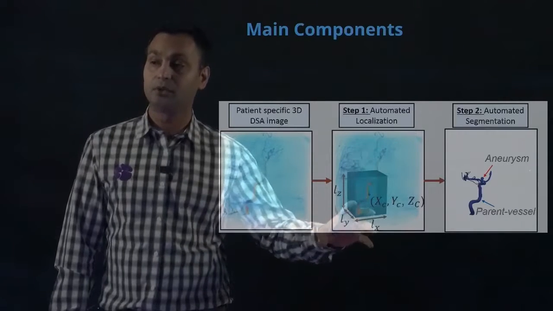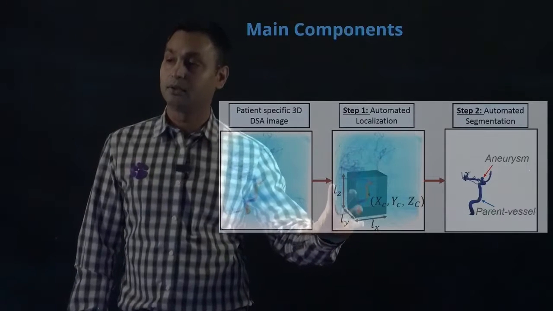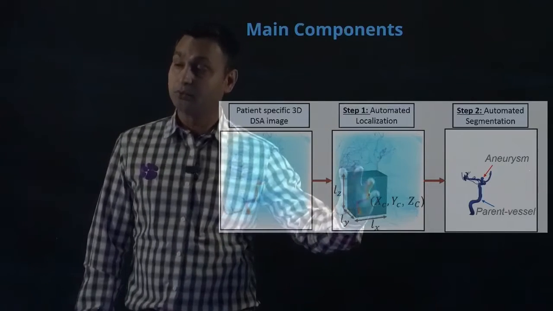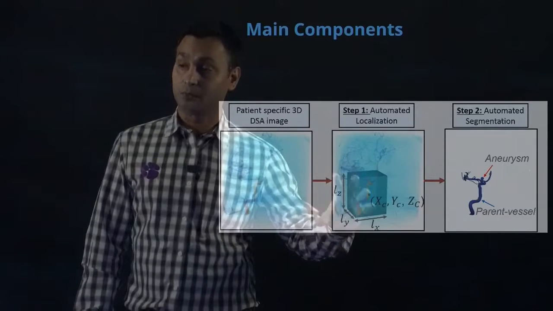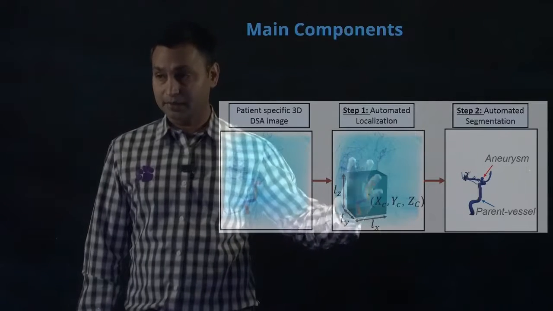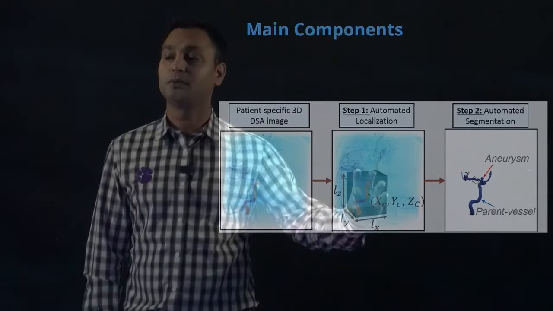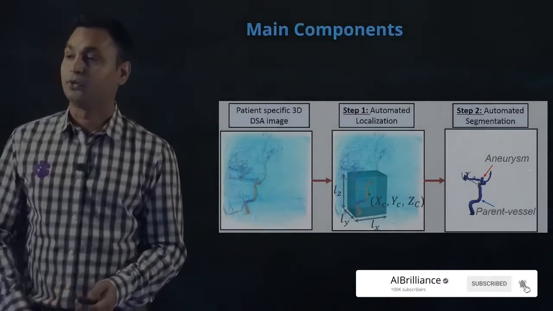We trained a neural network which identifies this localized cube where aneurysms are present, so we can focus there. That was step one.